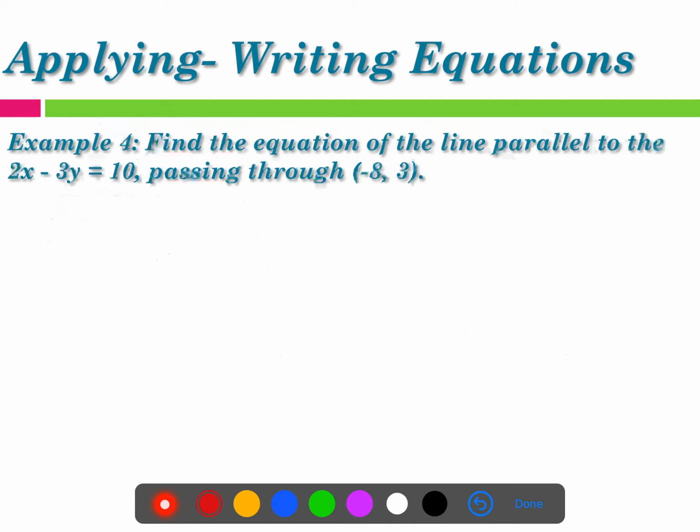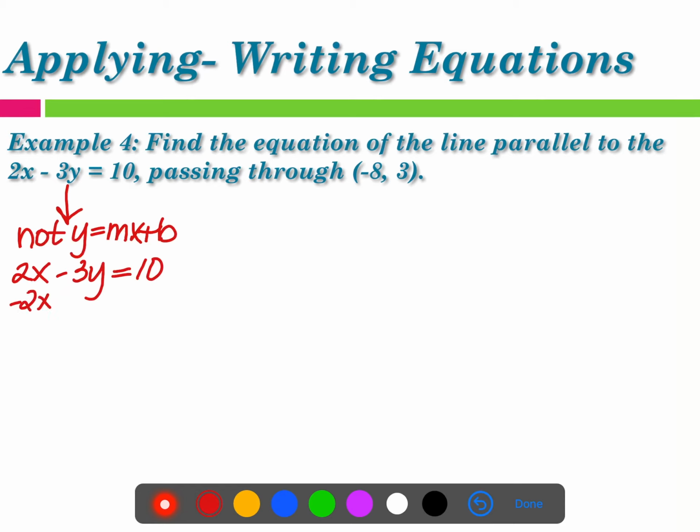Alright, this is asking for a parallel line, but it says 2x minus 3y equals 10. What can we tell about this equation? It's not slope-intercept form, which means you cannot get the slope, which means we don't know what the parallel slope is going to be until I solve this equation for y.